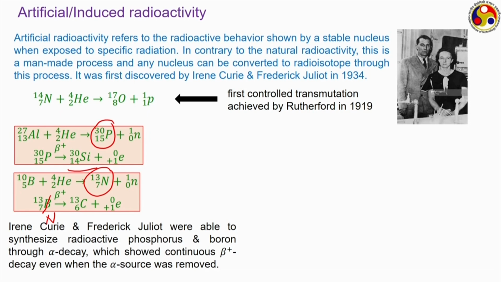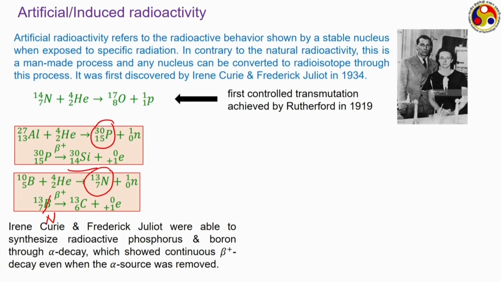And more interestingly, this synthesis of phosphorus and nitrogen and their radioactive nature does not depend on the availability of the alpha particle source. Rather, once we have this phosphorus 30 or nitrogen 13 available to us, even after removing the source of alpha particle, they kept on ejecting the positron.